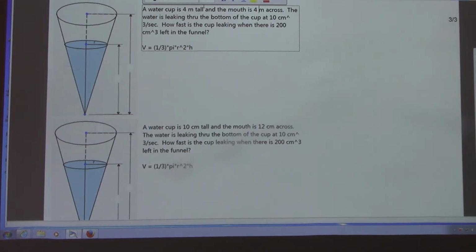It says water is being pumped into the cone at 2 cubic meters per minute.